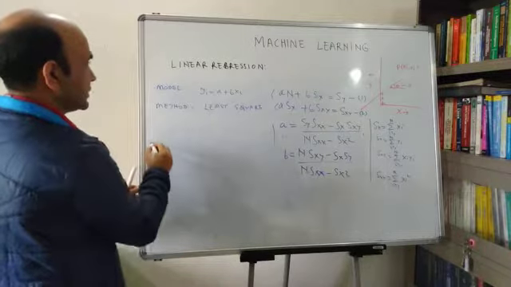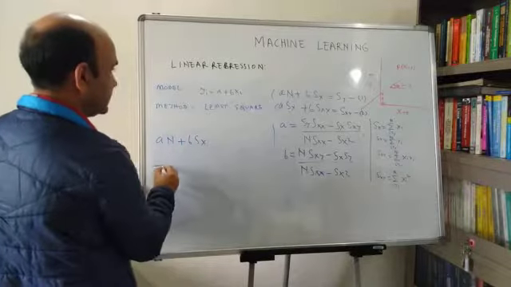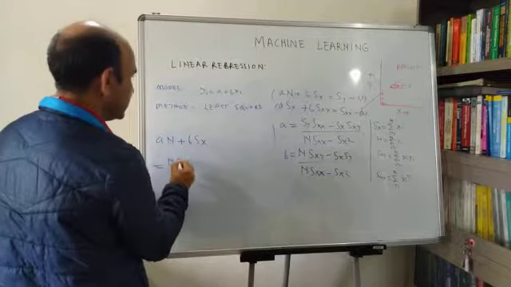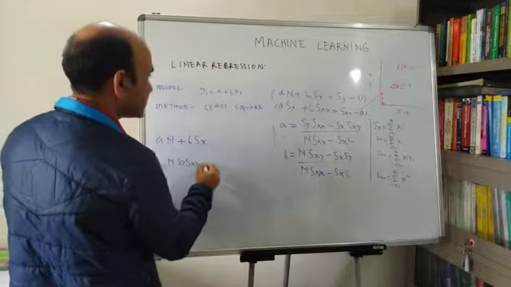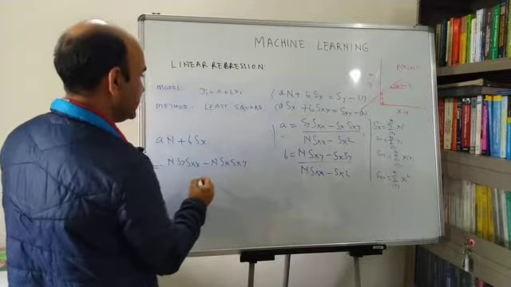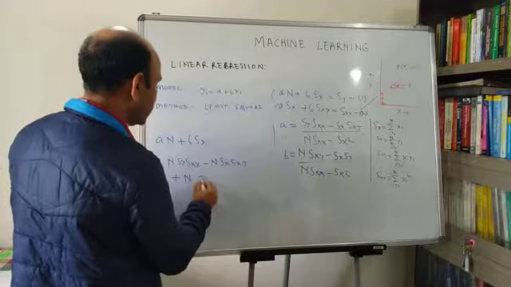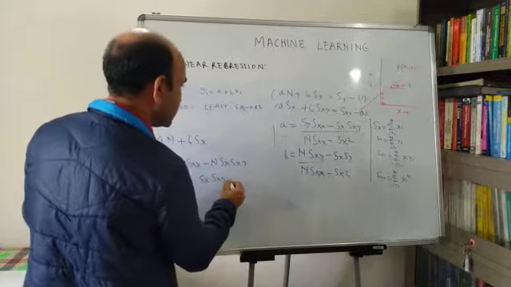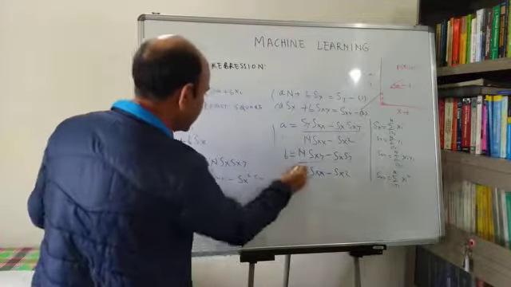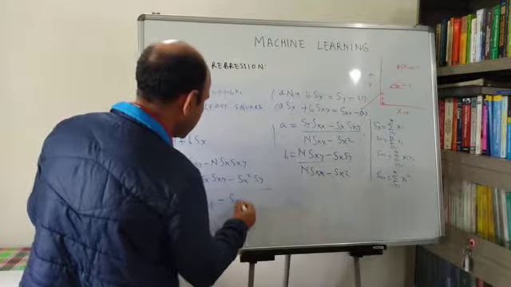Let me do the first one. a·n + b·sx, multiplying by n and sx respectively: (n·sy·sxx - n·sx·sxy + sx·n·sxy - sx²·sy) divided by the denominator n·sxx - sx².